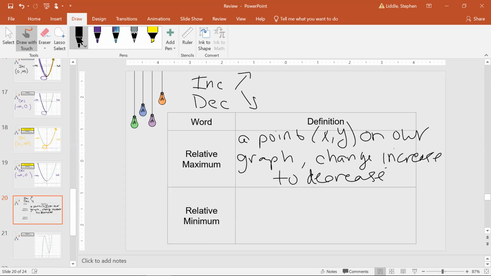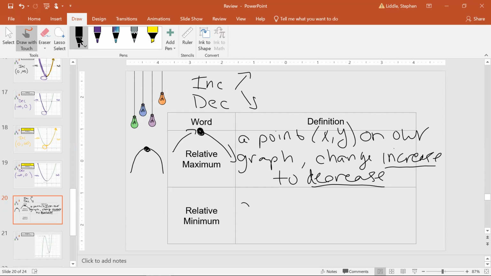So if it's changing first from increase, that means we're going up and then we're decreasing down. And it would be the point where they changed. If you think of it like a roller coaster, for maximum, you're going up and then down. It's the highest point of our roller coaster. And relative minimum is just the opposite.